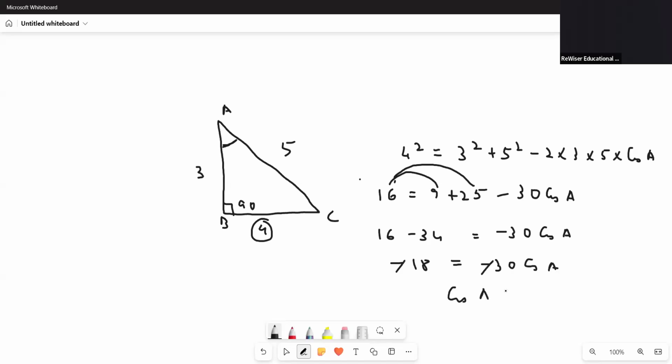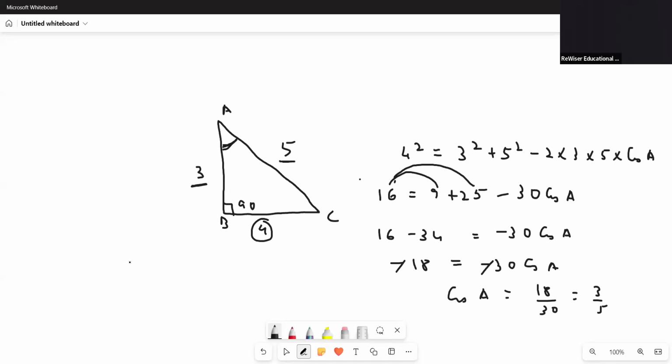So the value of cos A that we got is 18 by 30, and if we cancel it by 6, that's 3 by 5. So cos of A equals 3 by 5.